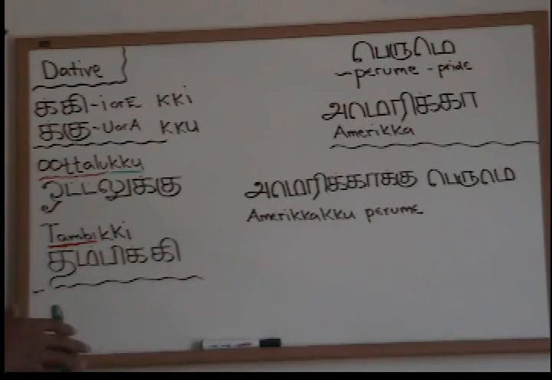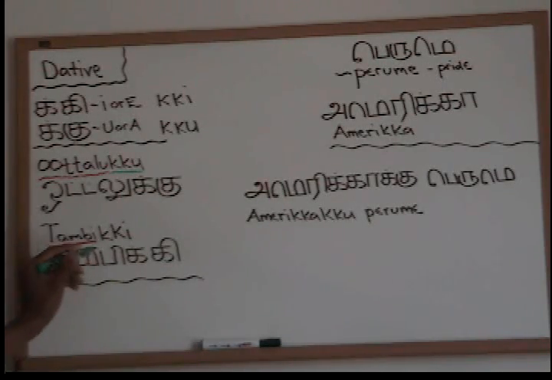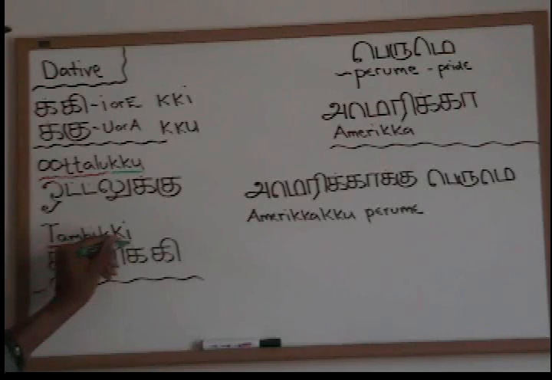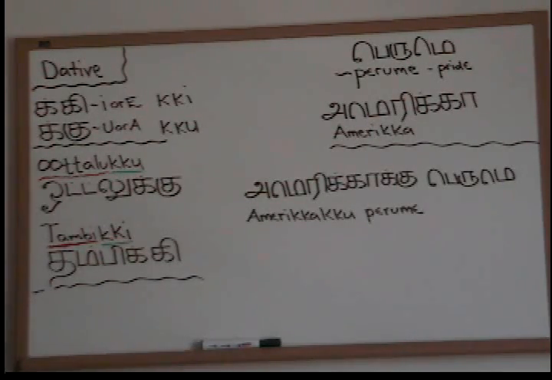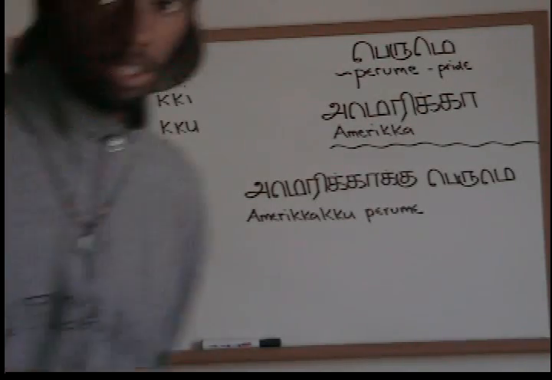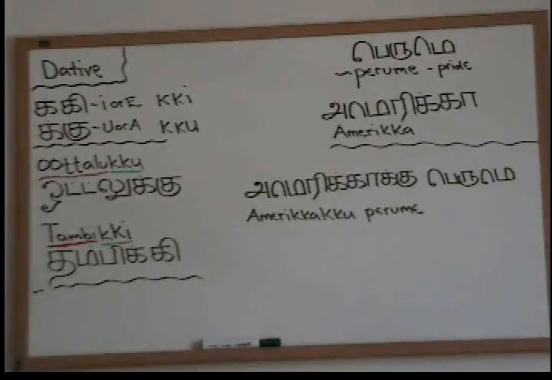As you can see, we have ki here, because it ends with an I. So if it ends with an I or E, it will take the ki. Before, it ended with a U, so it took ku. Tambiki, to the younger brother. Okay, so that's not too bad. That's pretty easy.